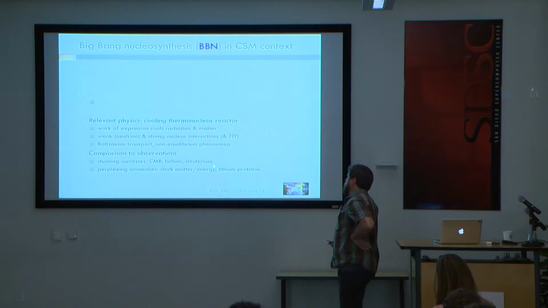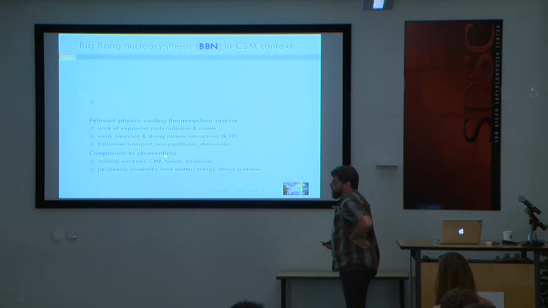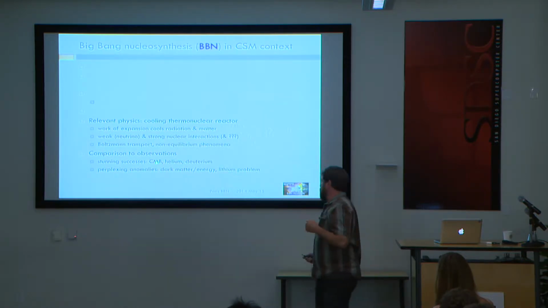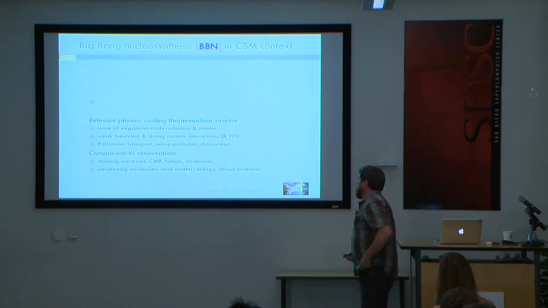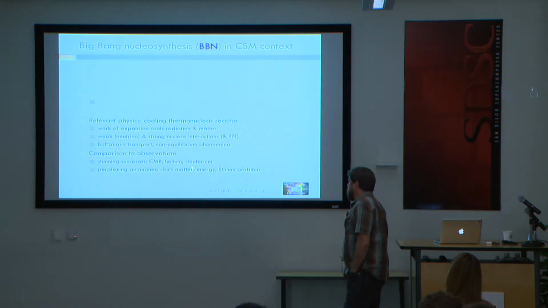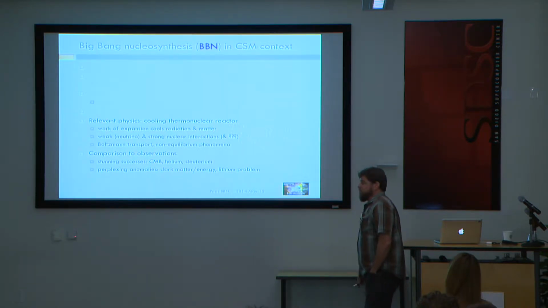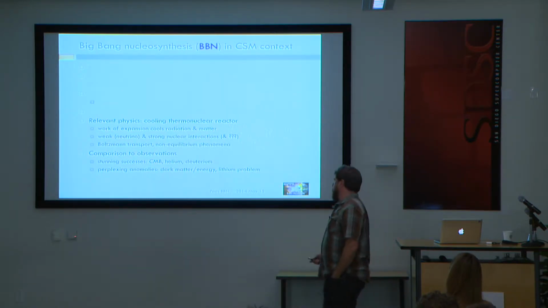And then the relative abundances of helium and deuterium: you'll see that the helium we've measured fairly accurately to the level of a few percent. I mean observed it, and the predictions are very, very good with it. Deuterium, actually we've now observed to less than that, maybe 1% or 2%, and both of these observations are going to improve within the next decade significantly, possibly by an order of magnitude.